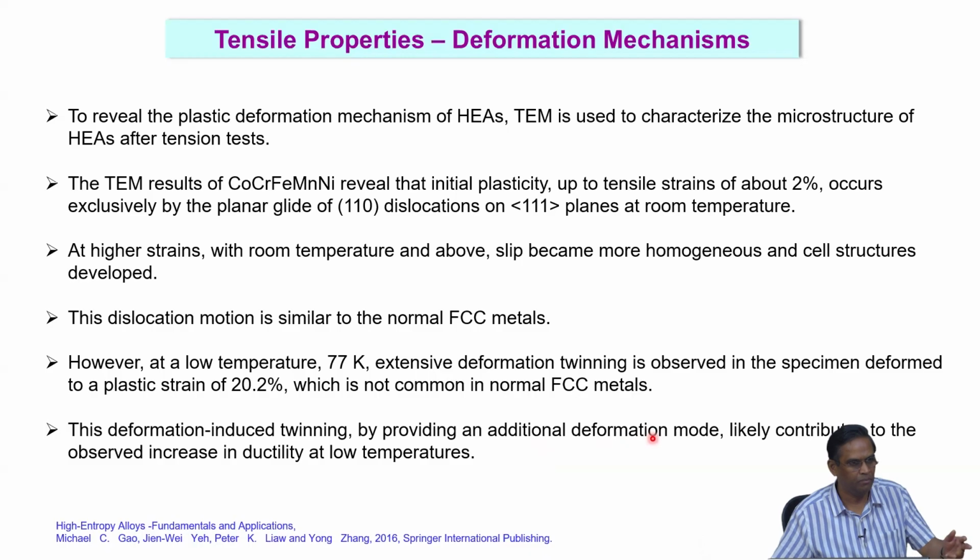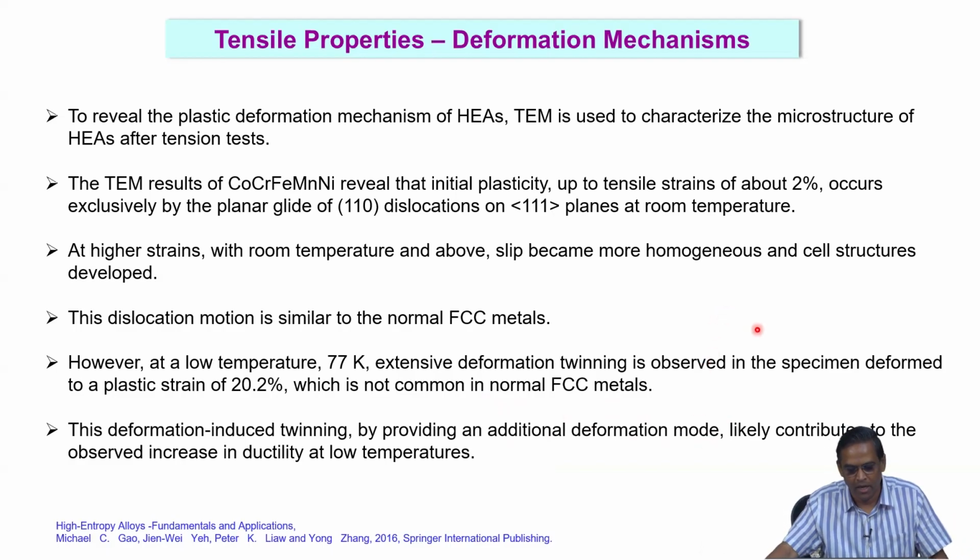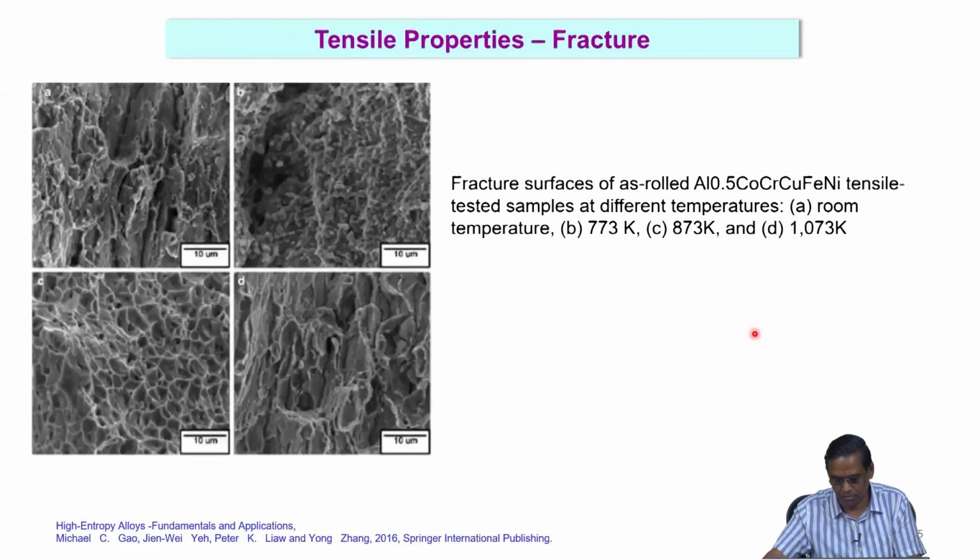You have slip and twinning, which is normal deformation, and you have an additional deformation mode called nano twinning. We talked about nano twinning yesterday. Such mechanisms are also possible in high entropy alloys, which makes them more attractive for low temperature applications, which is not possible in the conventional idea.